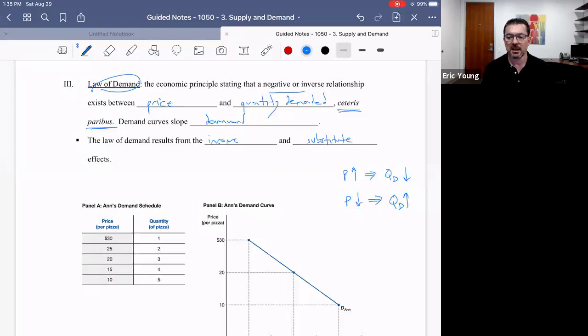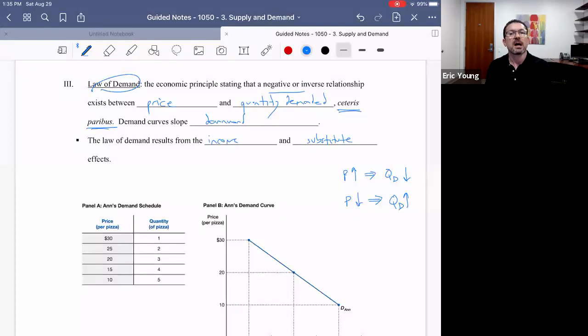You've got Papa John's and you've got Domino's to satisfy that pizza craving, right? After this boring econ, you need some carbs to just pass out, okay? If the price of Domino's goes up, that will make Domino's relatively less attractive to you. You will seek out substitutes, other pizzas, like Papa John's, okay?